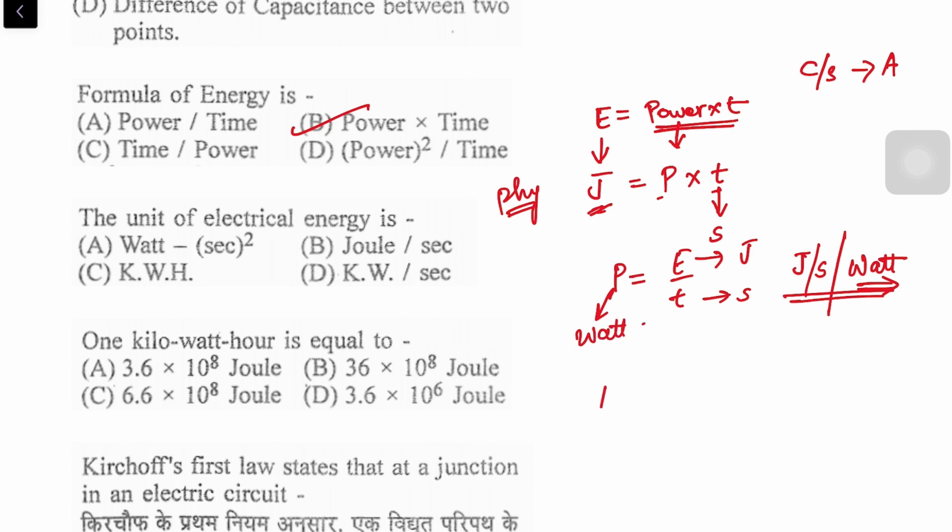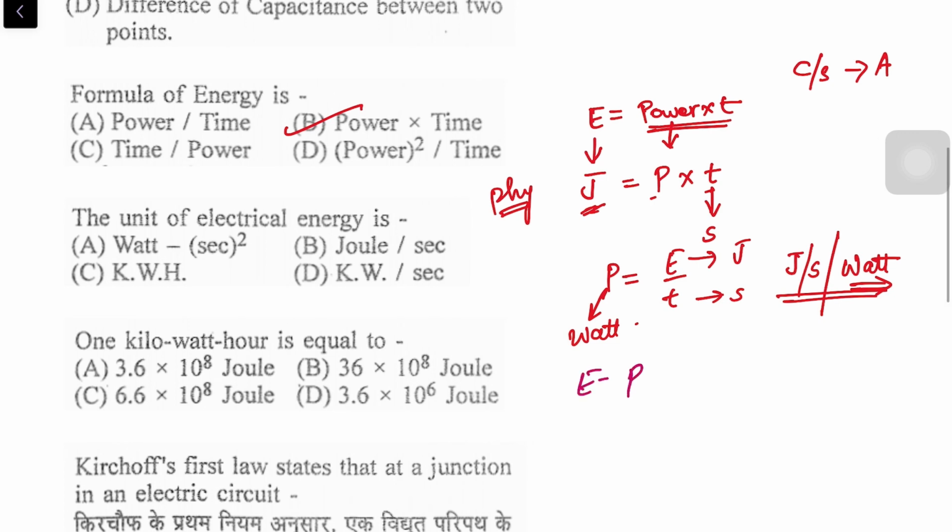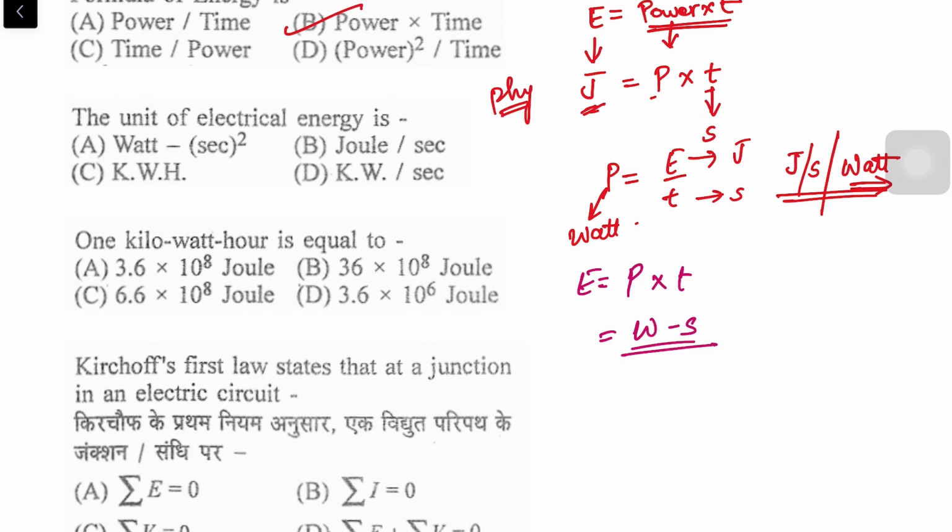So if the unit of power is watts, again I can write energy is equal to power into time. So the energy unit is watt and time unit is second, so energy unit is watt second. Commercially, when we consume electricity, we don't consume on a second basis, we consume on an hourly basis, isn't it? We will consume not just 10 watts, we will consume thousands of watts.